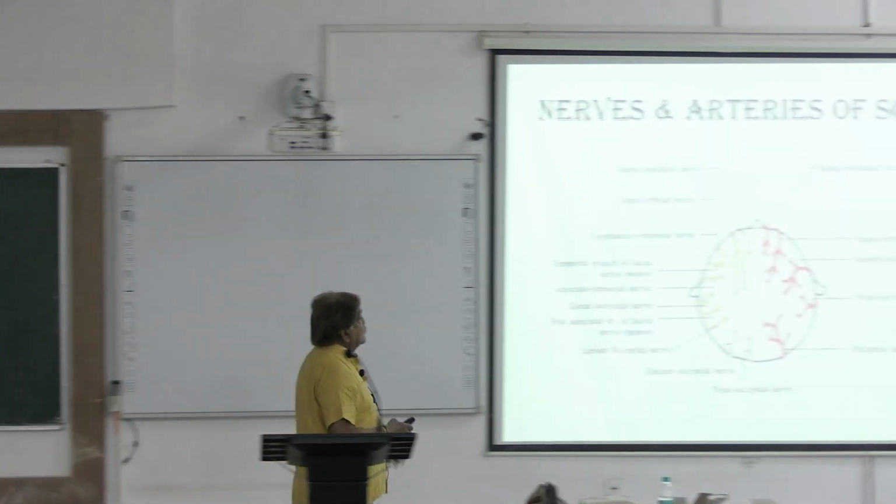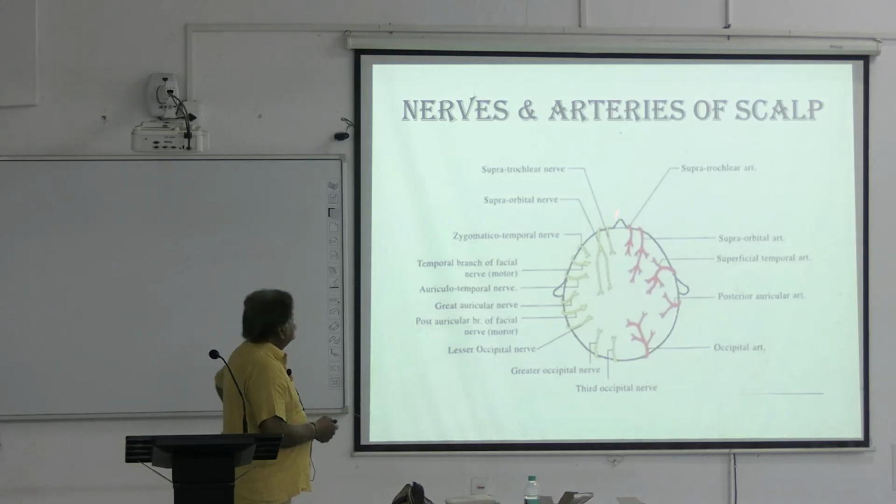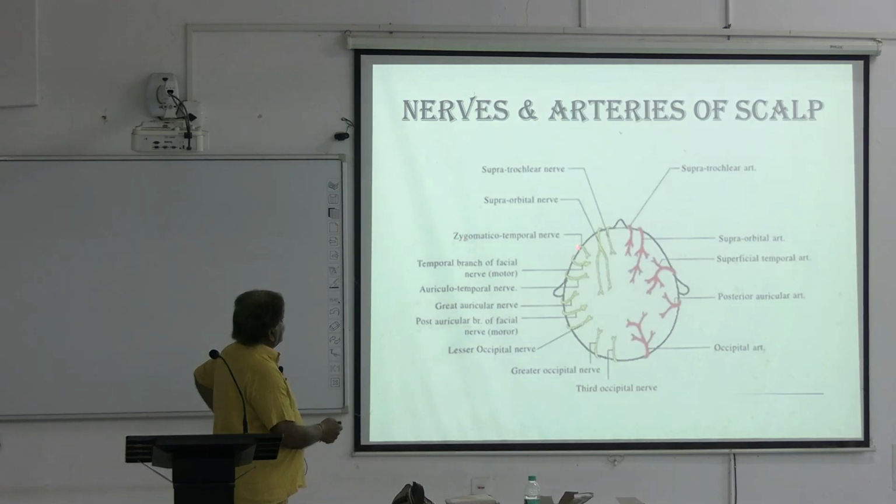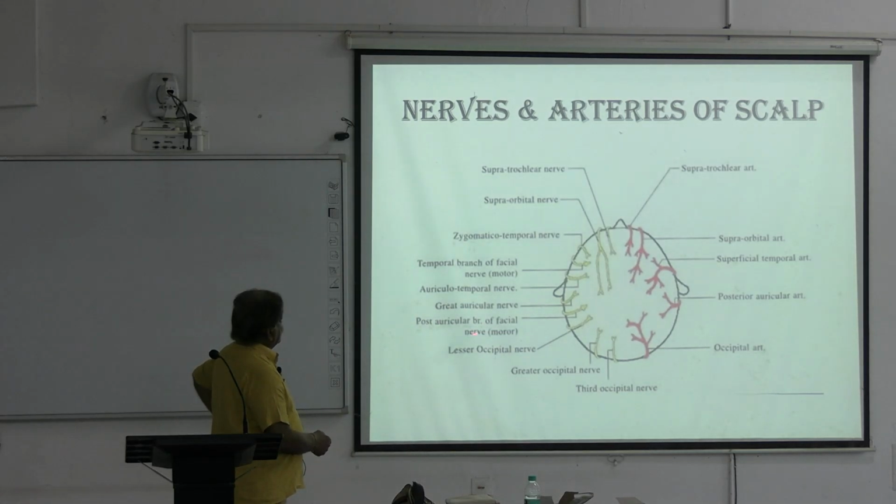Now, nerves and arteries of the scalp. This is the supratrochlear nerve, supraorbital nerve, zygomaticotemporal nerve, temporal branch of the facial nerve (motor), auriculotemporal nerve, great auricular nerve, posterior branch of the facial nerve (motor), lesser occipital nerve, greater occipital nerve, third occipital nerve.